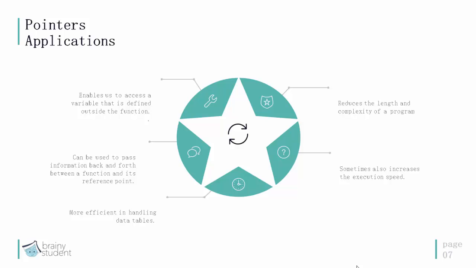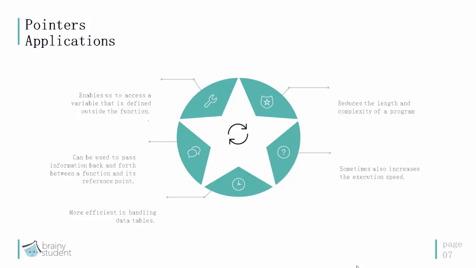If we have a variable that is located outside the function, then to refer to that variable we will deal with its address, and for dealing with the address we need pointers. It reduces the length and complexity of a program, and sometimes also increases the execution speed of a program. Pointers can increase the execution speed also.